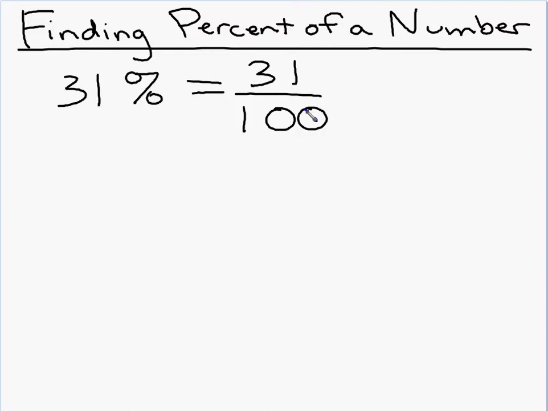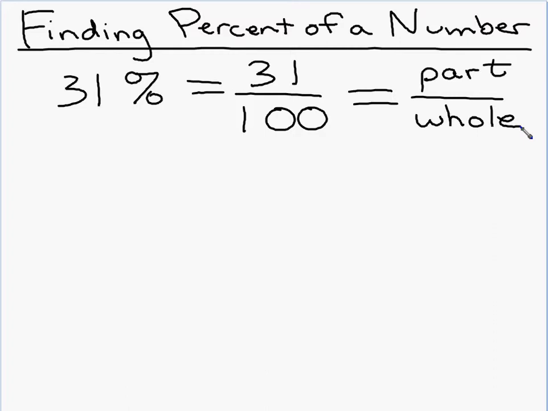Well, there's another way we can think of that. We can think of 31 as the part and 100 as the whole. So when we say maybe you eat 31% of your soup that Mom made you for lunch, well, the whole bowl would have been 100%.